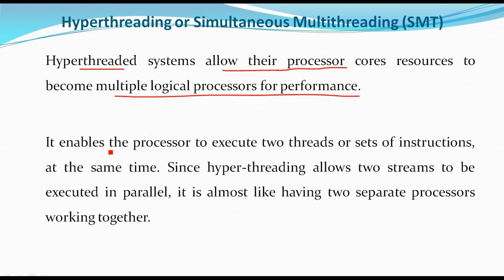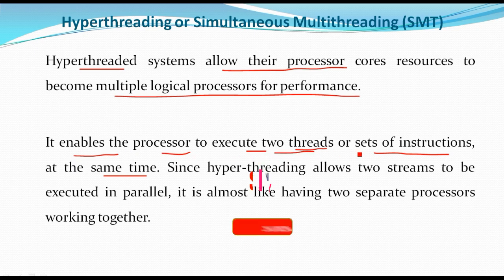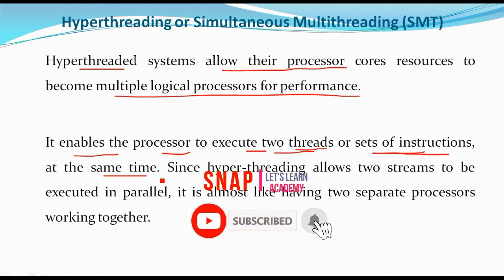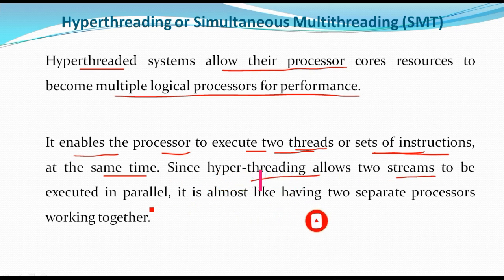It enables the processor to execute two threads, or sets of instructions, at the same time. Since hyper-threading allows two streams to execute in parallel, it is almost like having two separate processors working together.